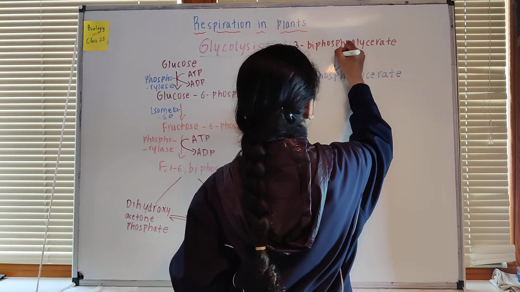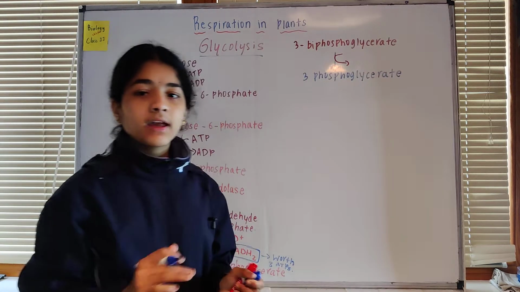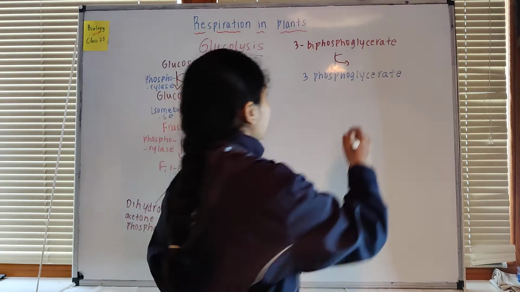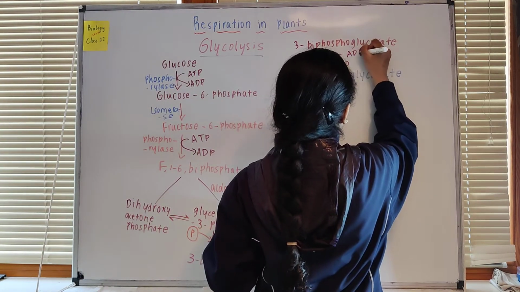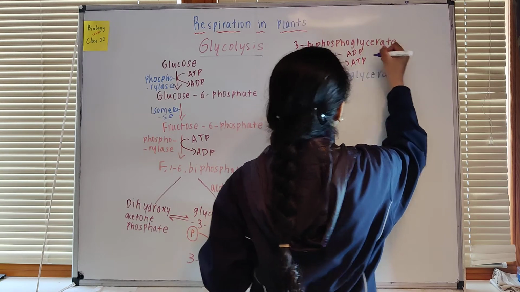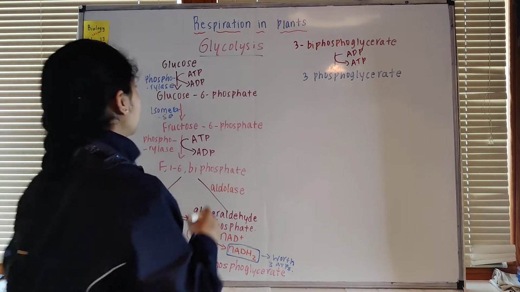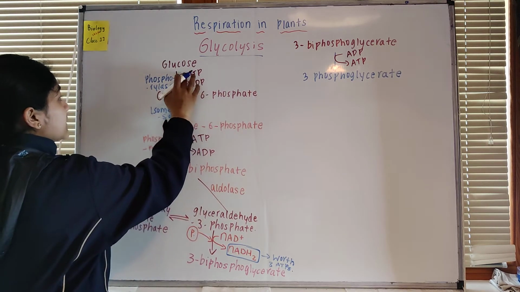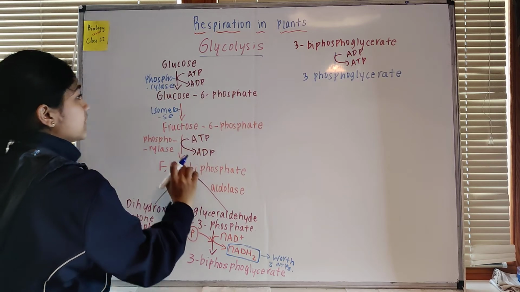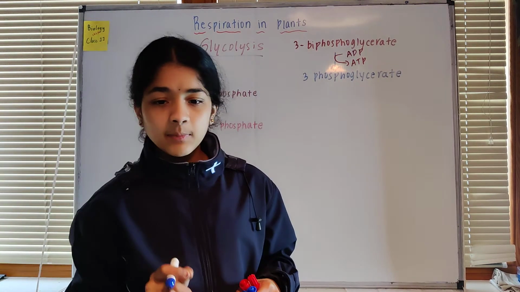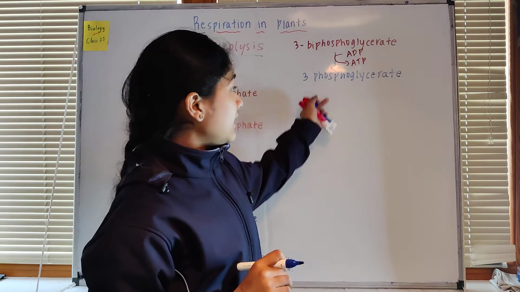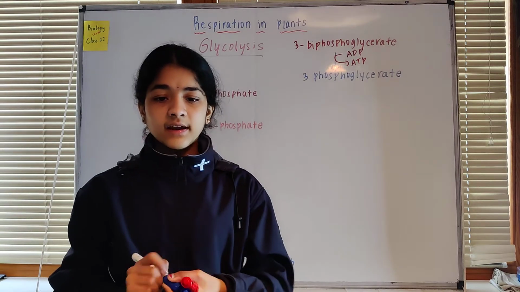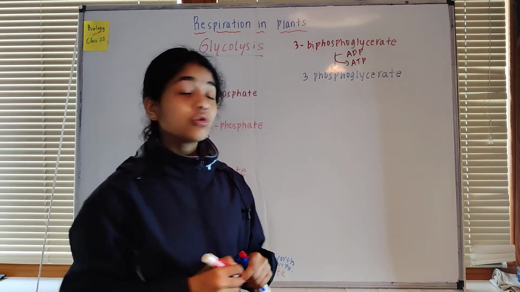Redox reaction means something has to get reduced into something. Here ADP gets reduced to ATP. So here ATP is getting synthesized. Earlier ATP was getting invested, so we were spending the ATP, and ATP was getting reduced into ADP. Here the opposite is happening: ADP is getting reduced into ATP.